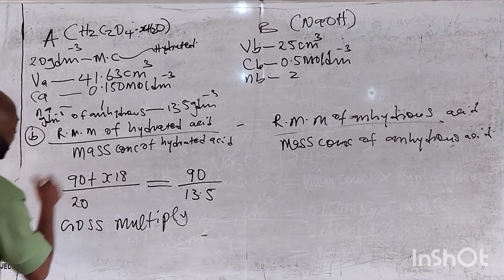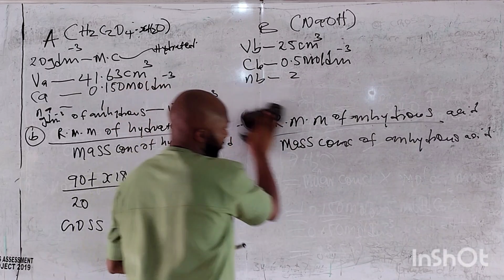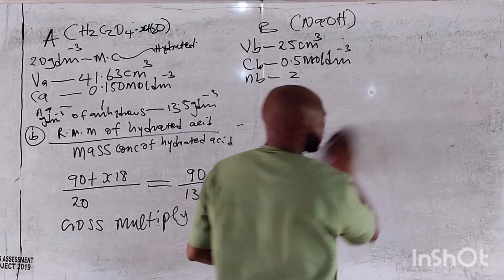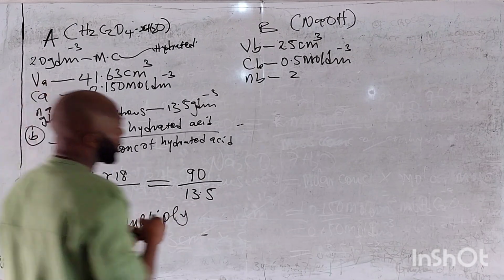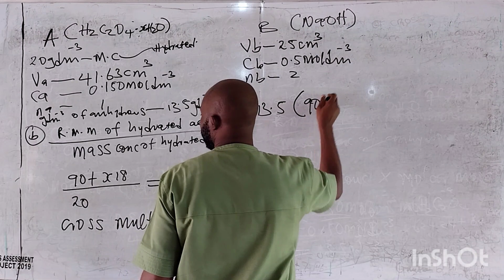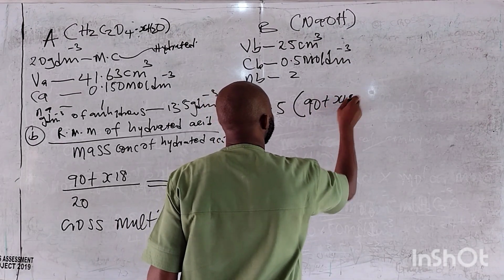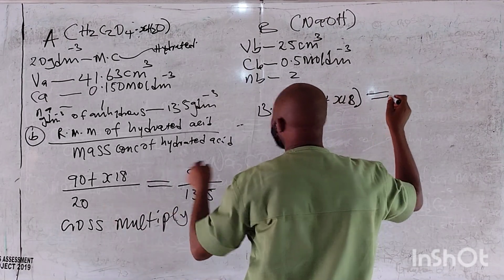So 13.5 times 90 plus 18X equals 20 times 90.